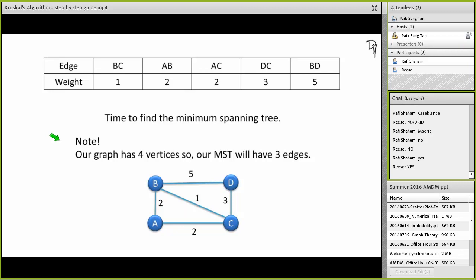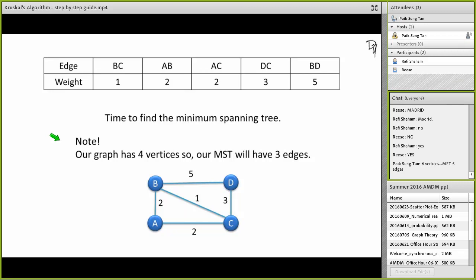Our graph has 4 vertices, so the minimum spanning tree, MST, stands for minimum spanning tree, will have 3 edges. It's always true. If your graph has 6 vertices, then you know your MST will have 5 edges.